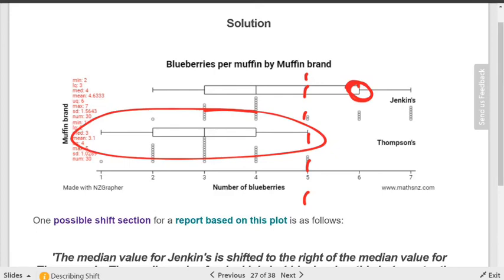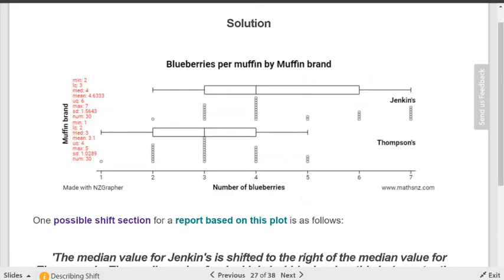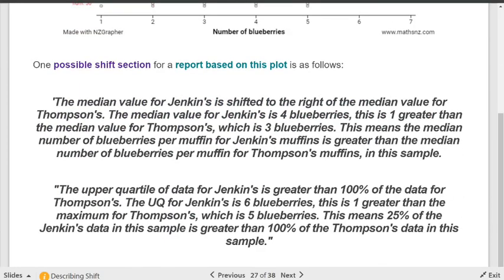Do you agree? Okay, so the upper quartile for Jenkins is 6 blueberries, which is 1 greater than the maximum for Thompson's, which is 5 blueberries. So when you're talking about median shift, you're talking about the same exact value. When you're talking about quartile shift, you need to name which quartile and what relationship. This means that 25% of Jenkins data in this sample is greater than 100% of the Thompson data in this sample.